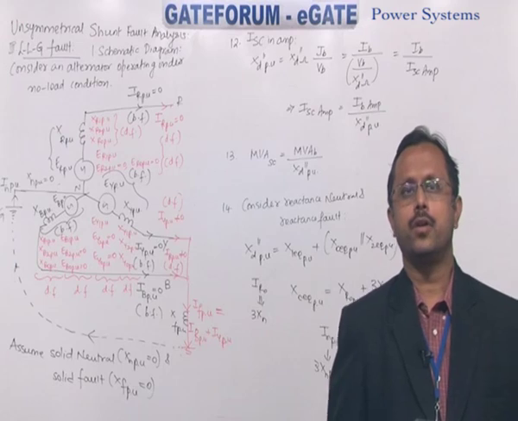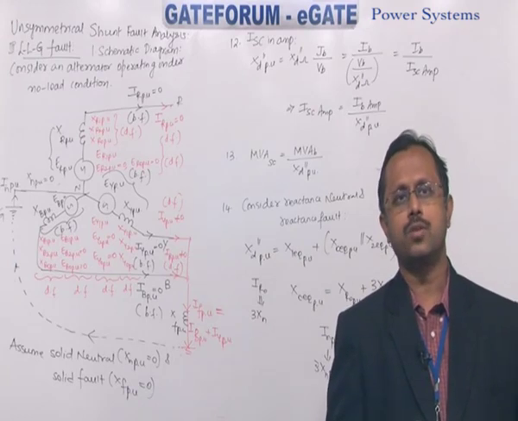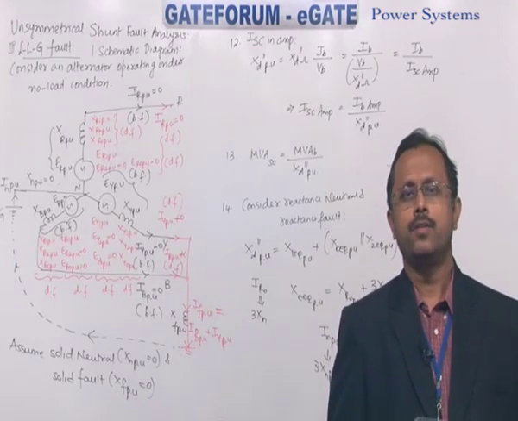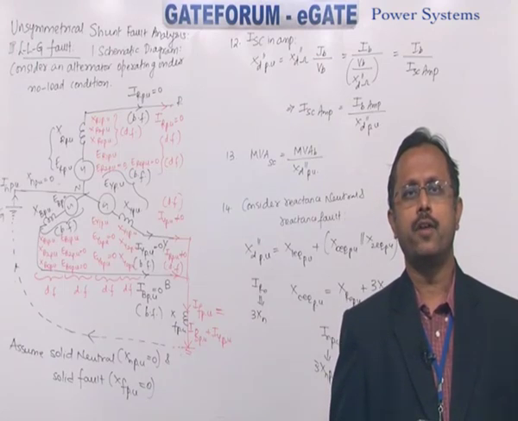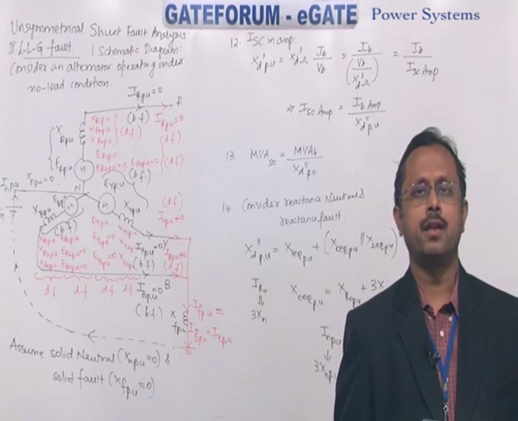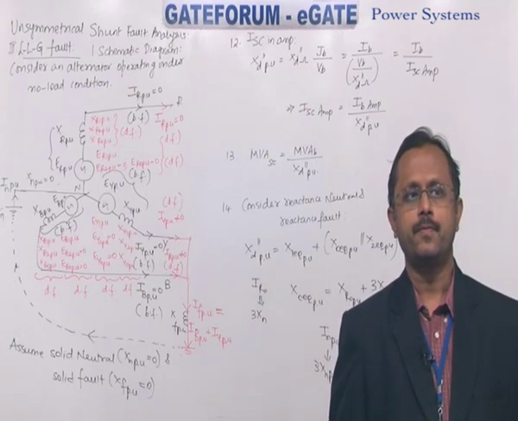So if neutral is not grounded, IR0 per unit is 0. As zero sequence current does not flow, no need to represent zero sequence network, and you don't have X0 equivalent per unit as one of the terms in XD double dash per unit expression.